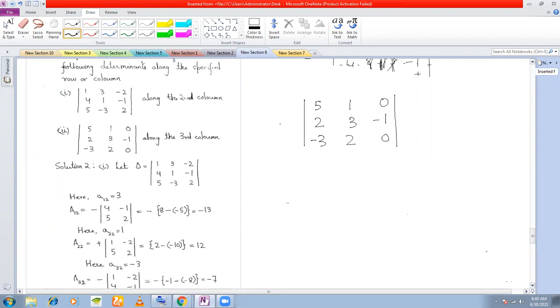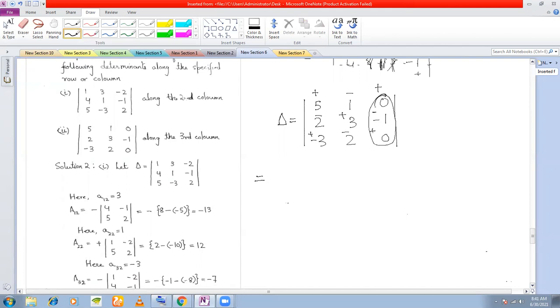Okay, now listen to this very carefully. Okay, how to find out the value of this determinant? I choose the third row because I see a maximum number of zeros here. Okay, so what I'm going to do here is I must remember the sequence of signs: plus, minus, plus, minus, plus, minus, plus, minus, plus, right?